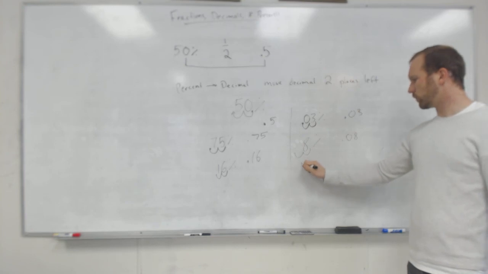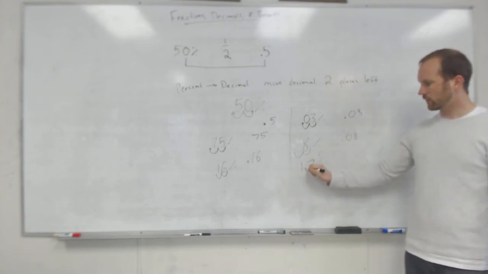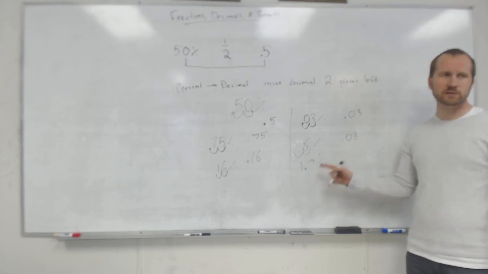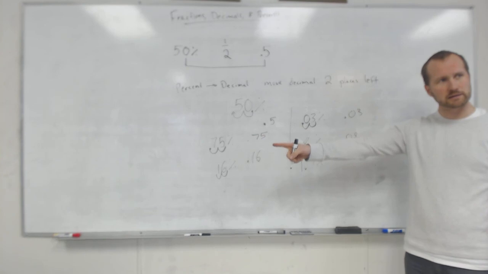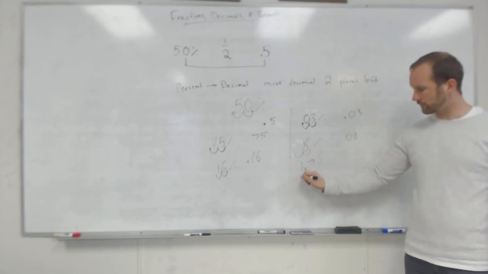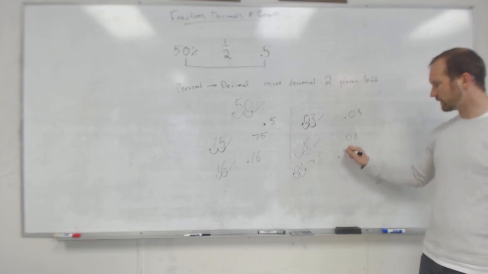What if I had 1.7%? There's already a decimal in this percent. So I still have to move this decimal 2 spaces to the left. So there's my decimal. What do I have to put right here? Yeah, 0.017.